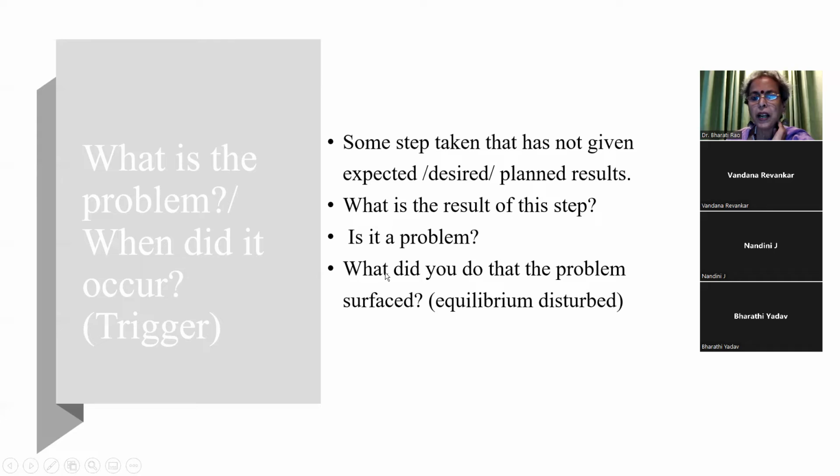Is it a problem, and what did you do that the problem surfaced? Now, this is the equilibrium state that I described. Now, suddenly you find that the two friends are not friends anymore. Something has happened that has disturbed this particular equilibrium.